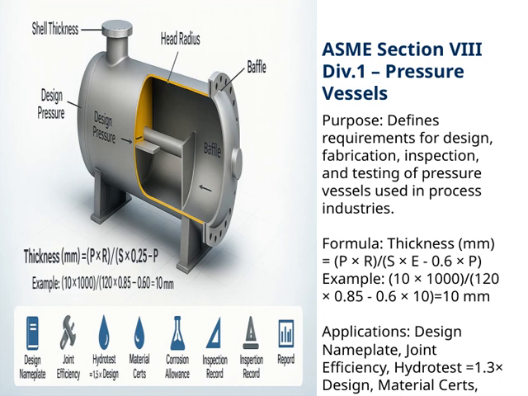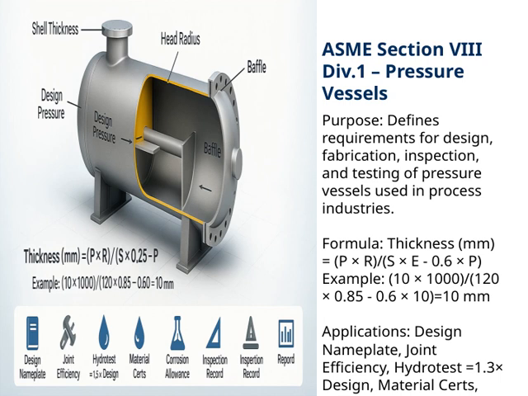It's given by thickness in millimeters equals P times R divided by S times E minus 0.6 times P. This formula helps us calculate the minimum thickness needed to withstand the internal pressure safely. For example, if we plug in some typical values, say P equals 10, R is 1000, S is 120, and E is 0.85, we get a thickness of about 10 millimeters. It's a practical way to ensure the vessel can handle the pressures involved without over-designing or under-designing.